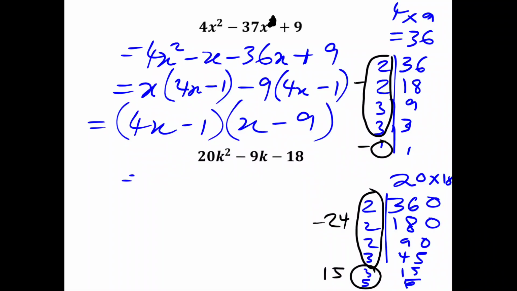This is equal to 20k squared plus 15k minus 24k minus 18. Perfect.